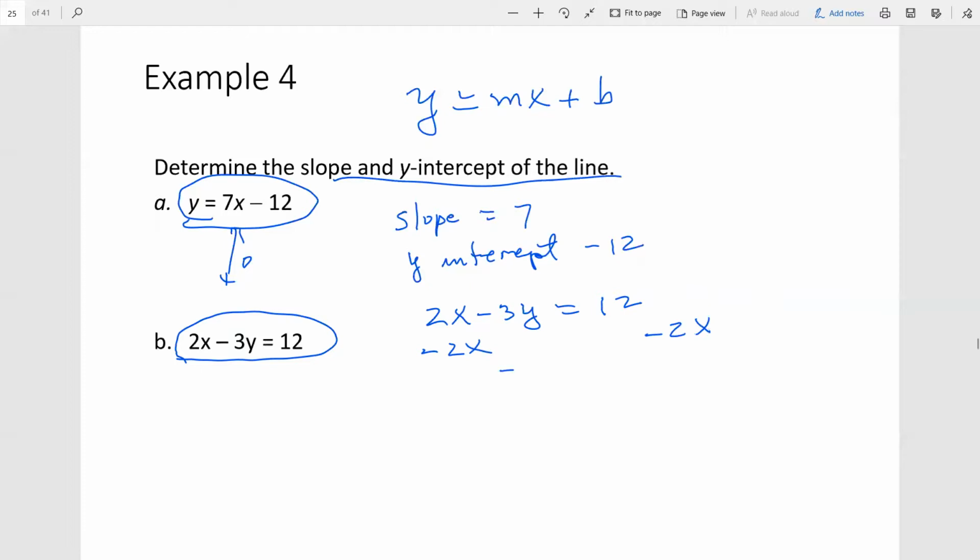And now we get minus 3y equals, I'm going to put the minus 2x first and then add the 12 to it. So we have minus 3y equal minus 2x plus 12. So I'm going to divide each side by minus 3.